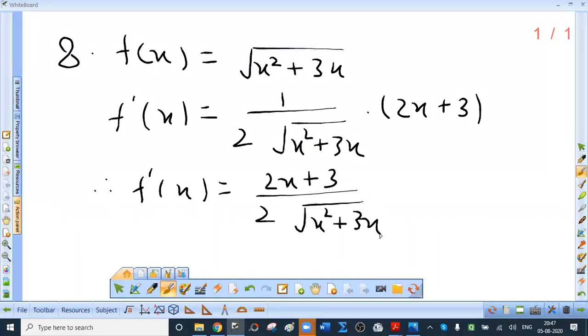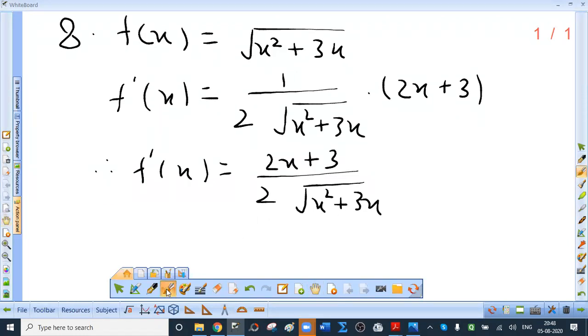Okay. Now, we have to find f of what? 1.02. So, I will say take a equal to 1. So, what is h? H equal to 0.02. If you want to write the reason for this, you should write common sense.